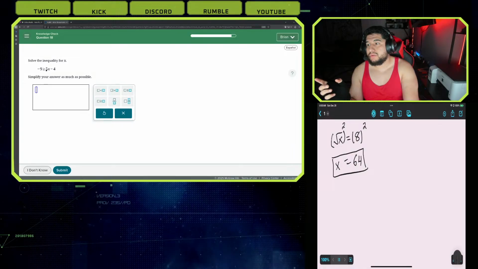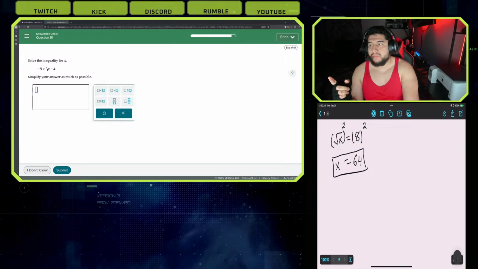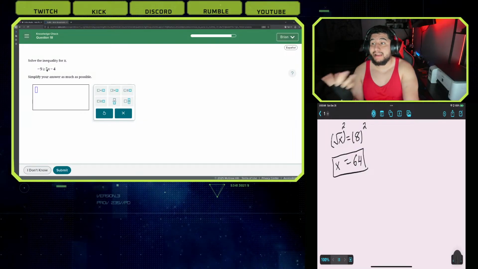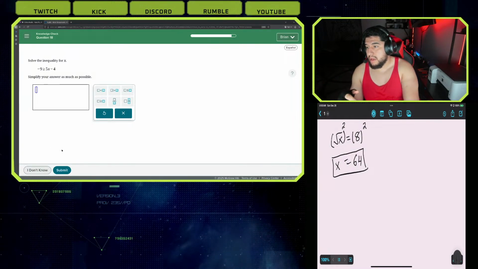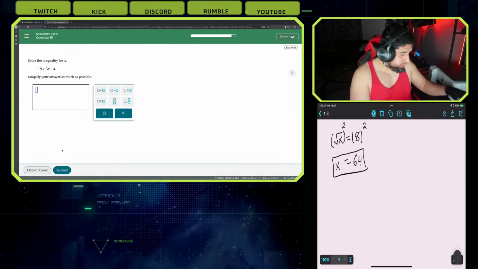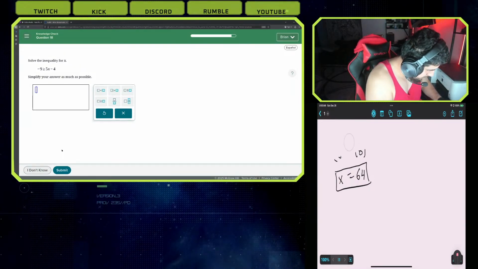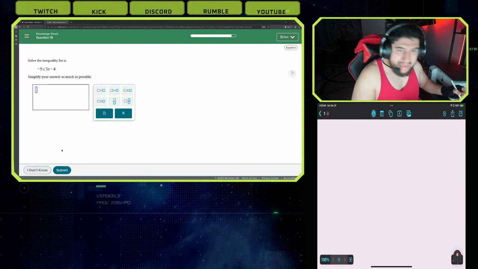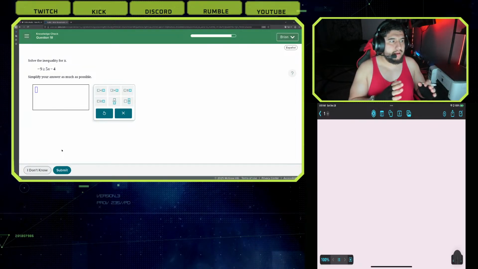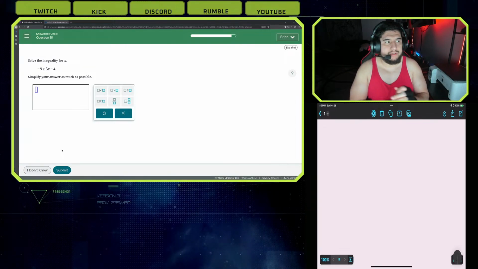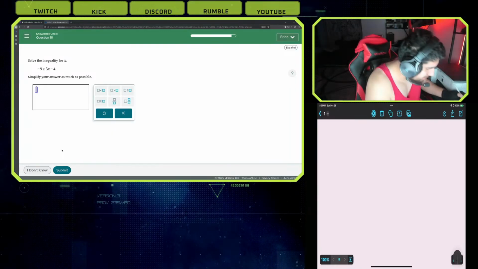But that's only if you divide by a negative, and to get rid of the 5 from the x, you divide by 5, not -5. So this symbol just stays the same. Yeah, we can skip this one. All this stuff is review, but there are certain ones that I think even in college they don't do enough of. So there are some that I'm just going to put I don't know, and we're almost done with the test anyways.